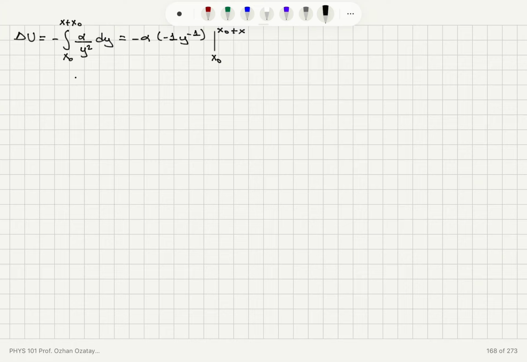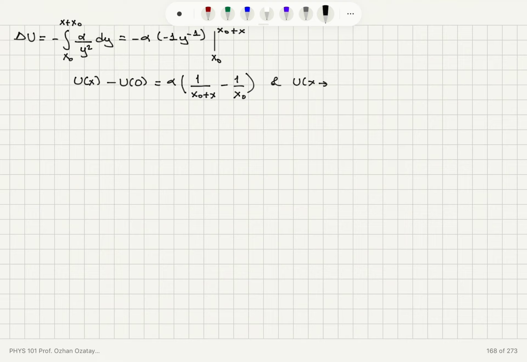So the potential energy at point x minus the potential energy at 0 is alpha times 1 over y, so that will be 1 over x0 plus x in that limit, minus 1 over x0. So we evaluate minus y to the power minus 1 between x0 and x0 plus x.